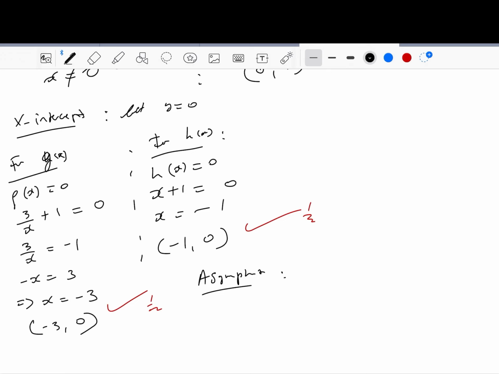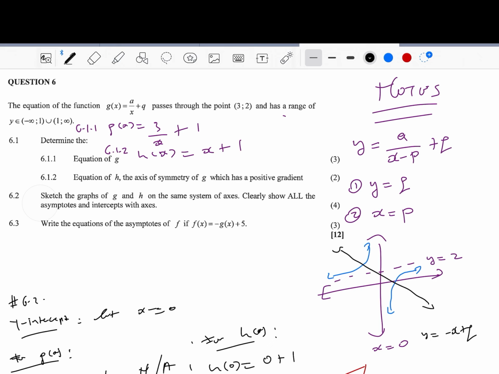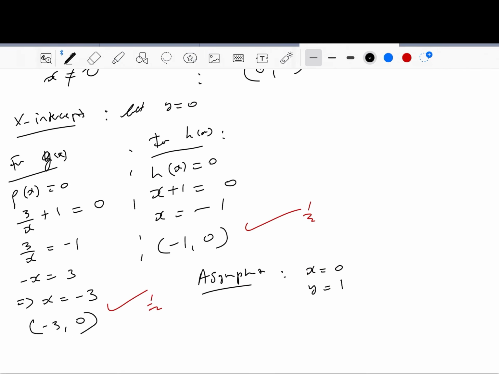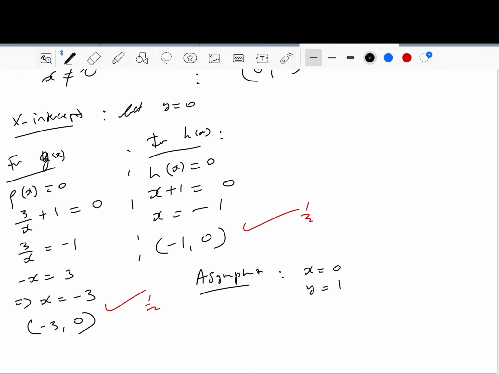We have two asymptotes: the vertical asymptote x equal to 0, and the horizontal asymptote y equal to 1. Those are the asymptotes that we found, just go back a little bit to see it, or go to the previous video if you're watching this on TikTok.